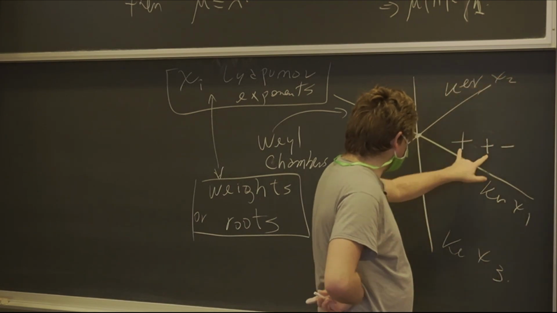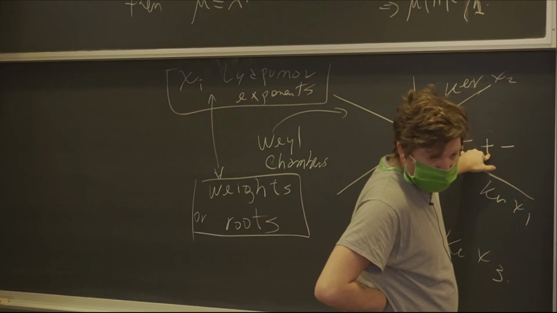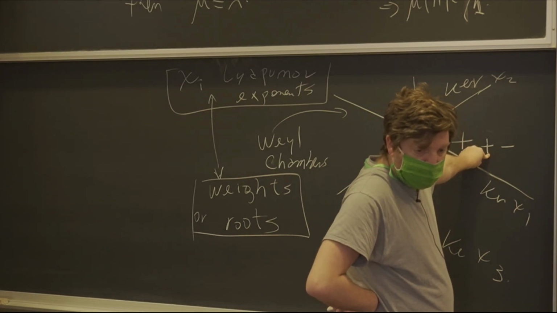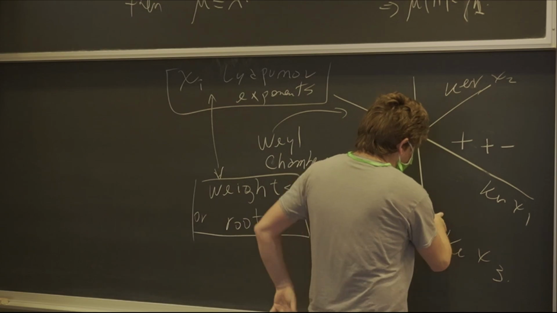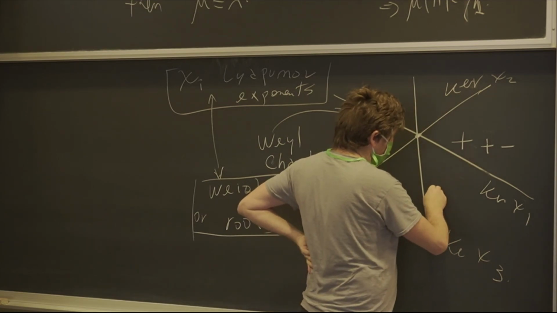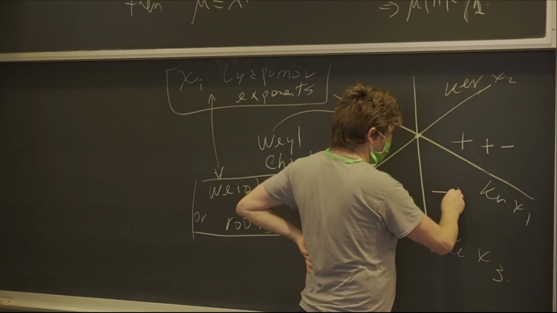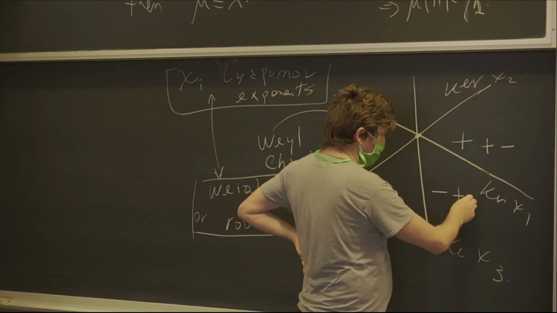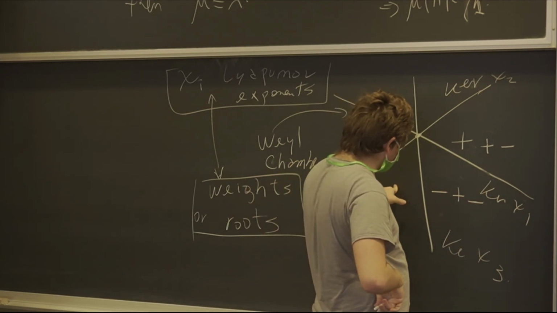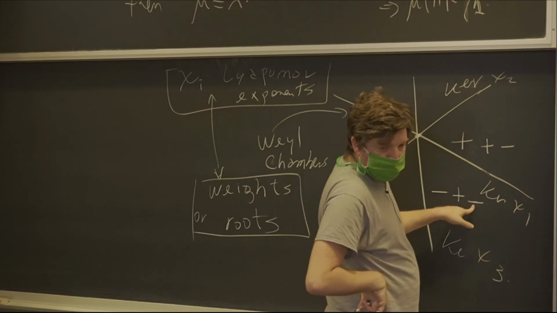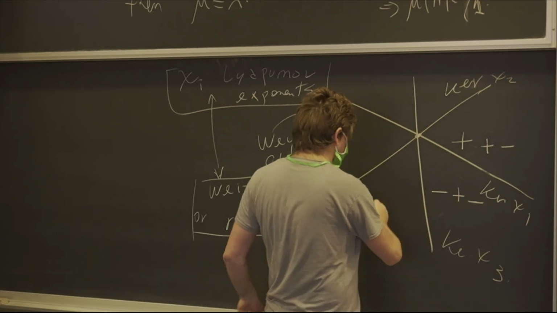And if I did this correctly, it will be good, but it may not be good. So let's see if I can make it coherent with this assumption. When I'm here, the first one switches sign, and the others didn't switch signs. Then when I jump here, the third one switches sign, while the others didn't switch.